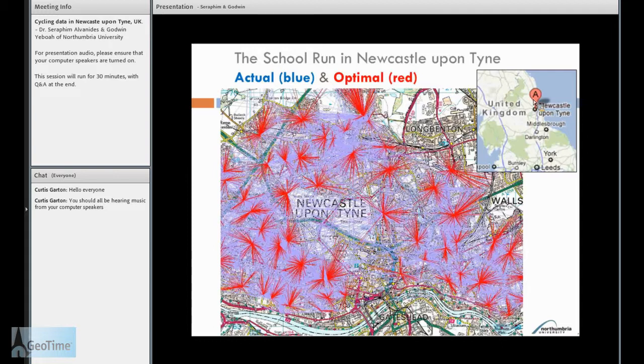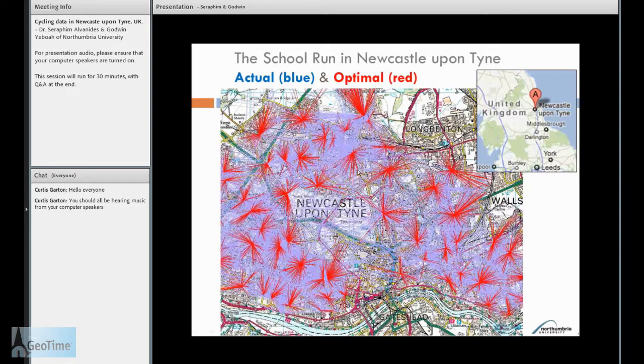In reality, what we saw, once we mapped the data using postcodes, of course anonymized for data confidentiality concerns, was that the pattern underlying the data set are these blue magenta lines which show where students or pupils live and where they go to school.